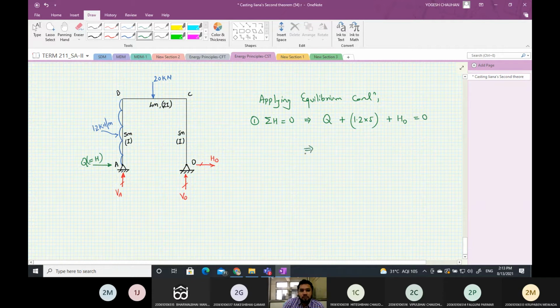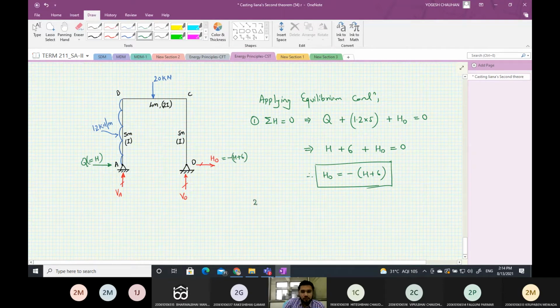So this implies, now the value of Q is H. So we have H plus this 1.2 into 5 is 6. So H plus 6 plus HD equals to 0. So we can say HD is equal to minus of H plus 6.